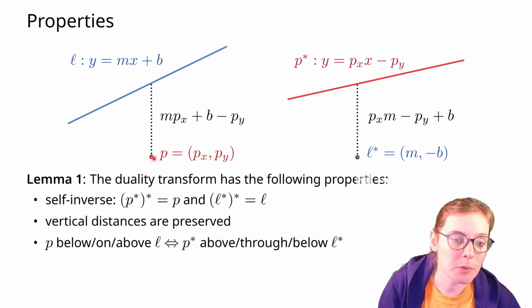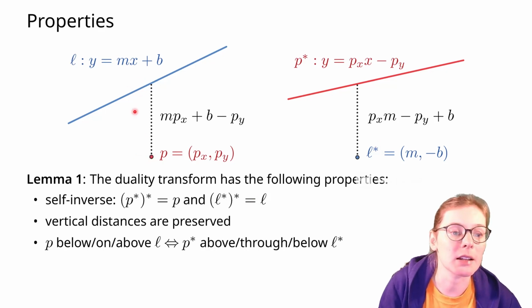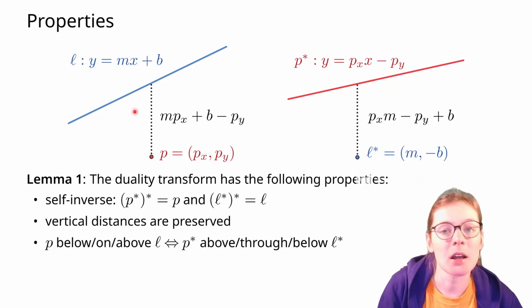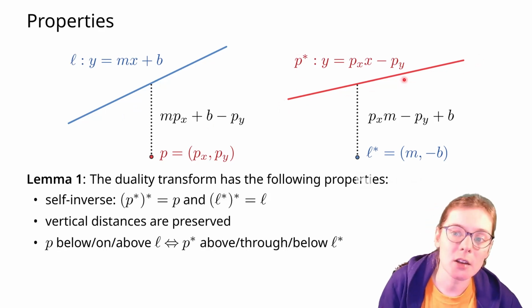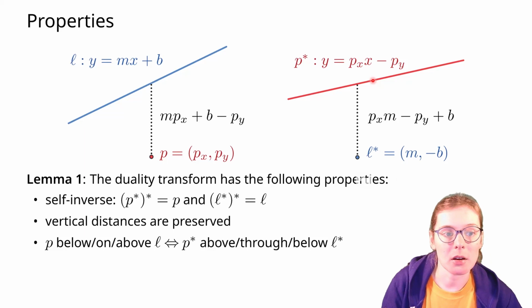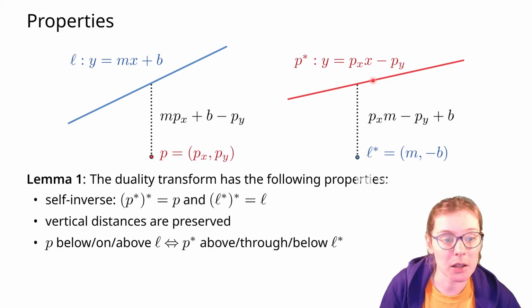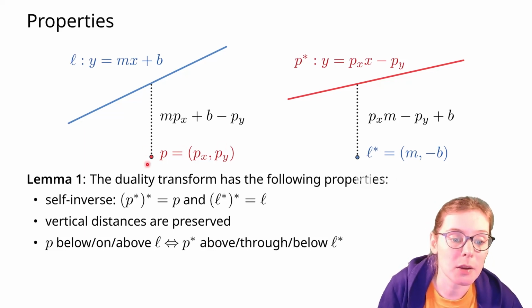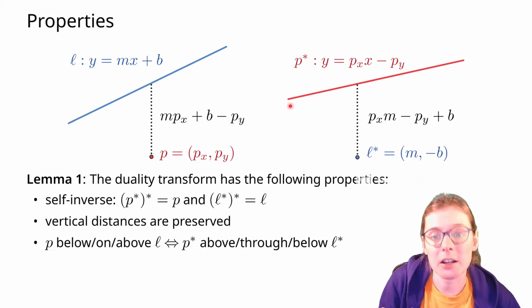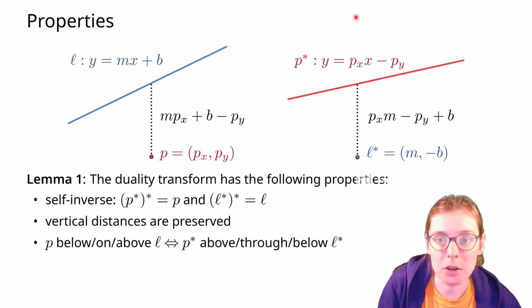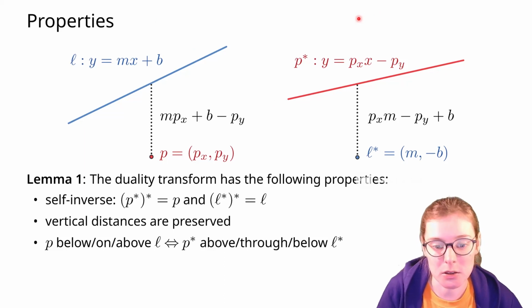If a point P would lie on the line L in the primal plane, then the line P star would pass through the point L star in the dual plane. And similarly, if the point P would lie above line L, then the line P star would go below the point L star in the dual plane.